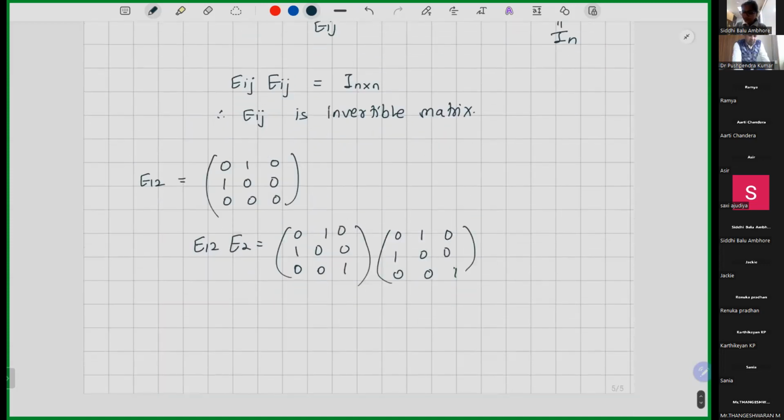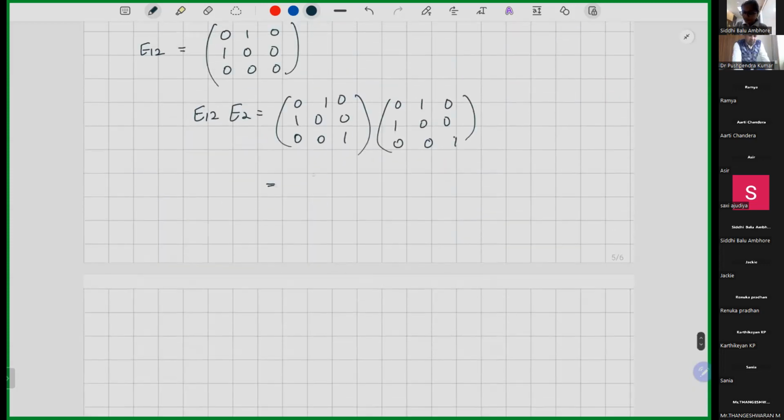And when I multiply these two matrices, just check that the first entry will be 1, the rest will be 0. The second entry here will be 0. The third entry will be 1, the rest will be 0, and similarly here.